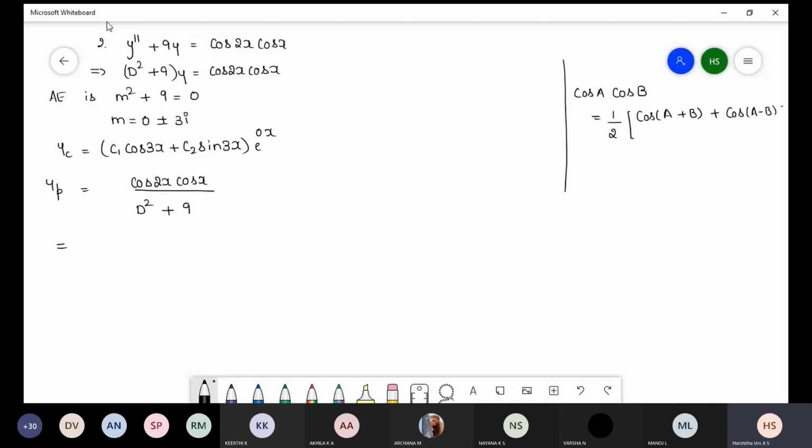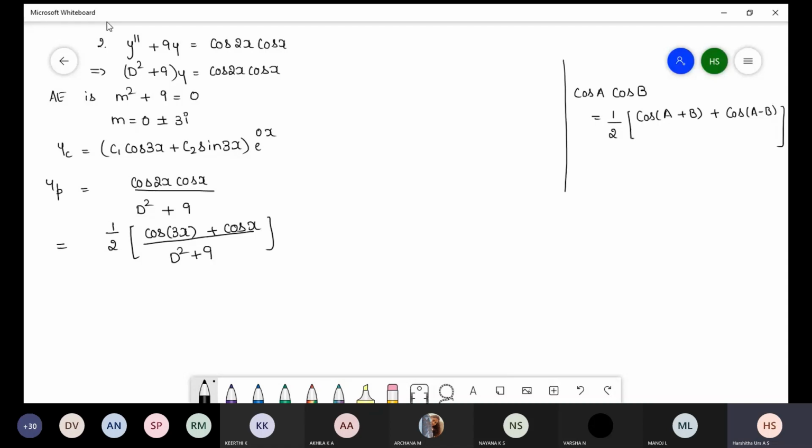Now you can tell for this one. So 1 by 2 into cos of A plus B, meaning 2x plus x is 3x, plus cos of A minus B, 2x minus x is x, divided by D square plus 9.